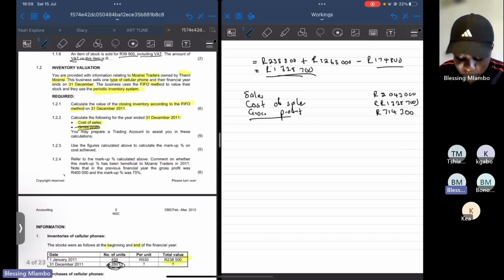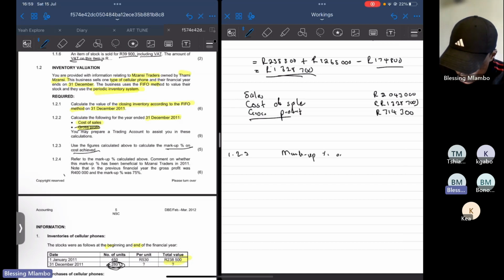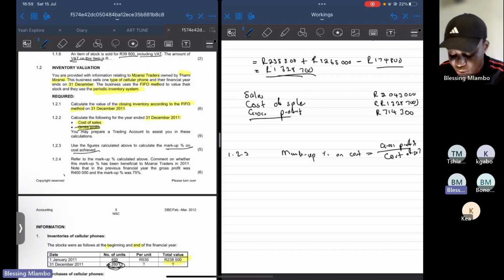Everyone happy with the gross profit? Happy. 1.2.3, they say use the figures calculated above to calculate the markup on cost. So how do you calculate the markup percentage on cost? From the name, you know that you'll have gross profit on top over cost of sales. Your gross profit was 714,300.